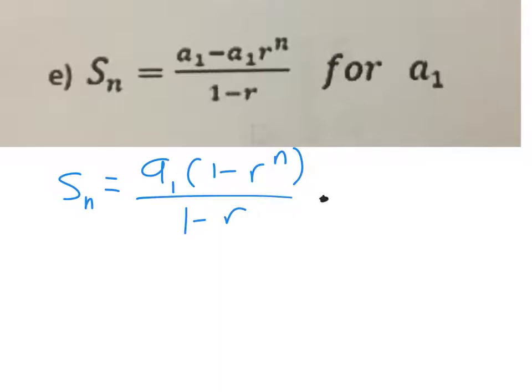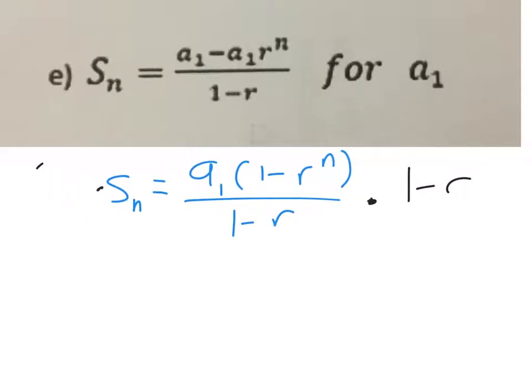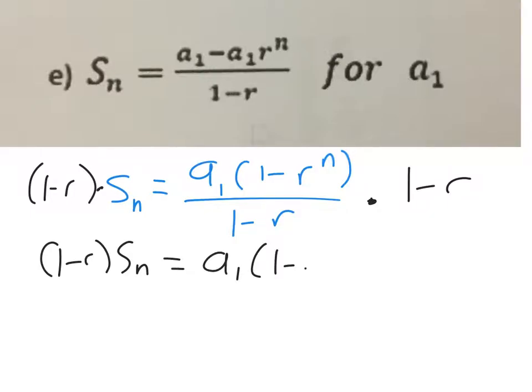Alright. I want to get rid of this 1 minus r in the denominator so I can multiply by 1 minus r on both sides. So when I do that, that leaves me with 1 minus r times s sub n equals a sub 1 times 1 minus r to the n.